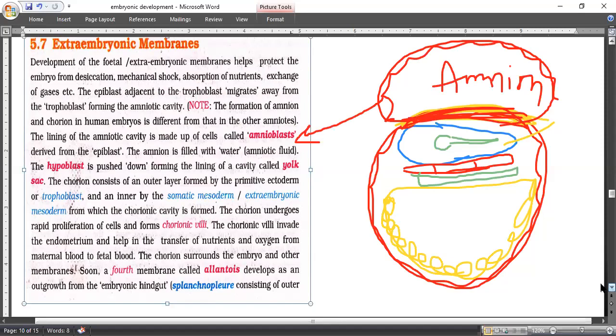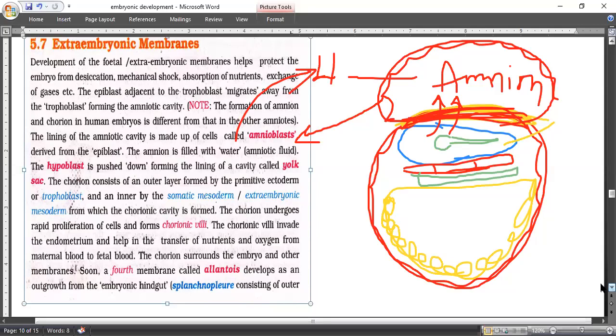They are derived from the epiblast only. The amnion is filled with water, the amniotic fluid. Okay, so the story of the amnion is over.